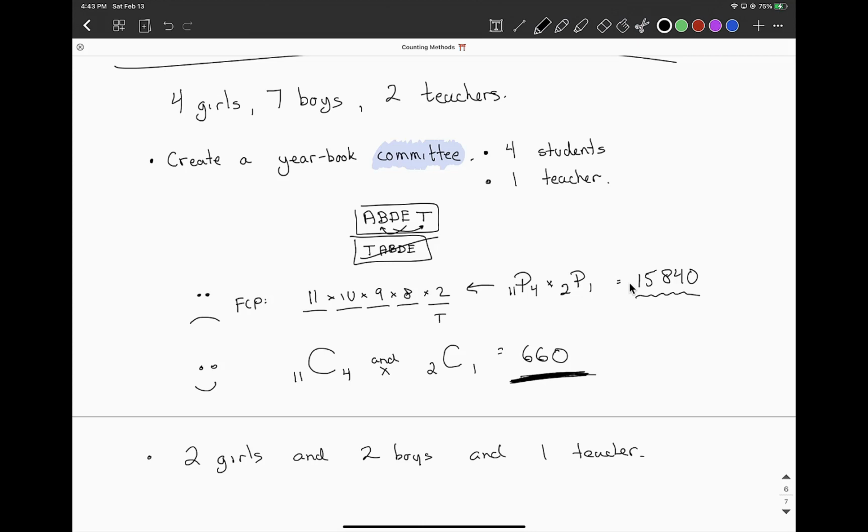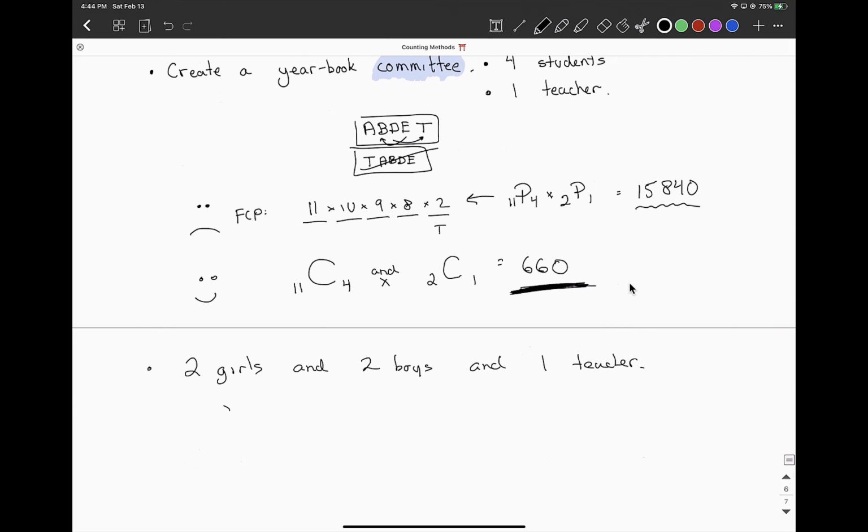And then maybe we have to make sure that our combinations are balanced and that there's girls and boys and a teacher. And so in these cases, picking the girls, picking the boys, picking the teacher all create their own combinations. The word and is an important connector. Remember logic, and versus or. This is an and. We get to multiply these combinations together.